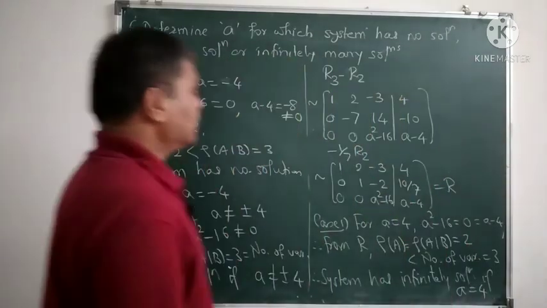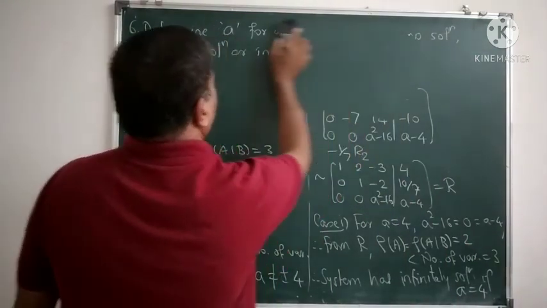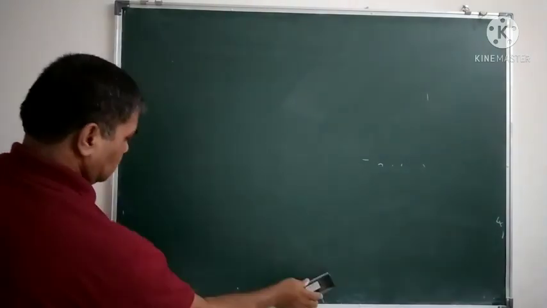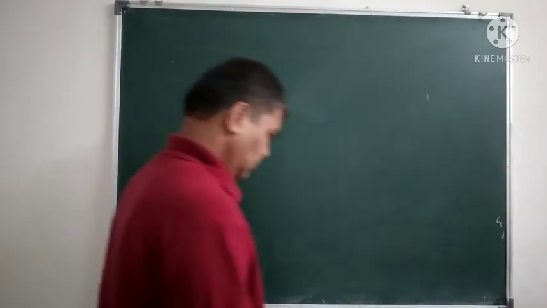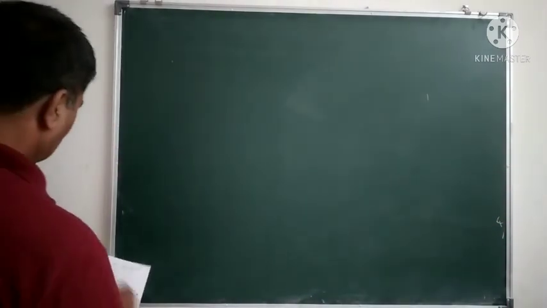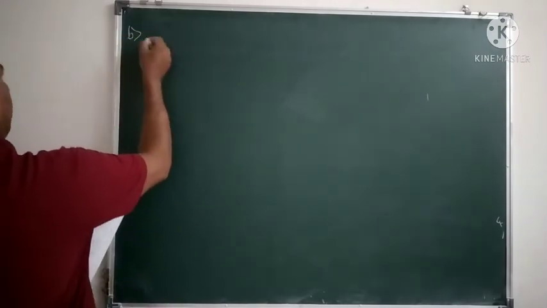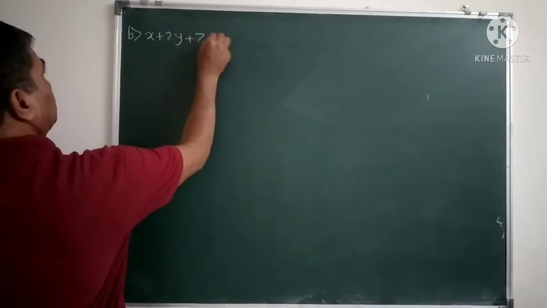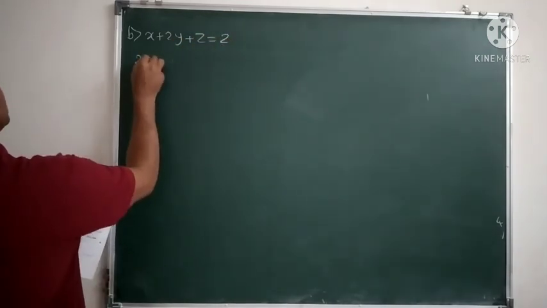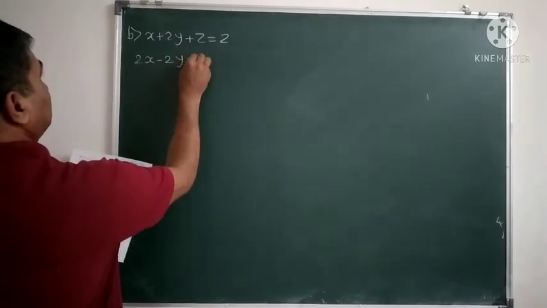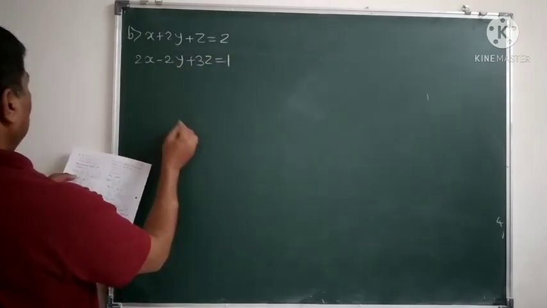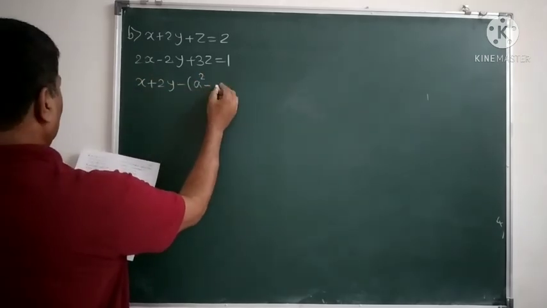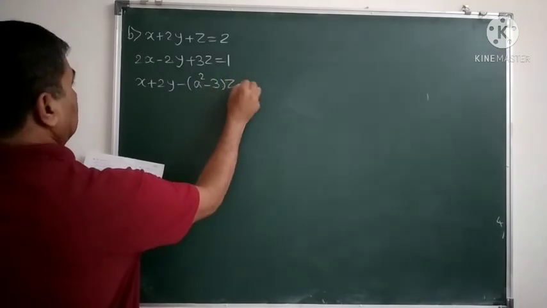We will take the next example. Same question in the second example, part B: x plus 2y plus z is 2, 2x minus 2y plus 3z is 1, x plus 2y minus (a square minus 3)z is equal to a.